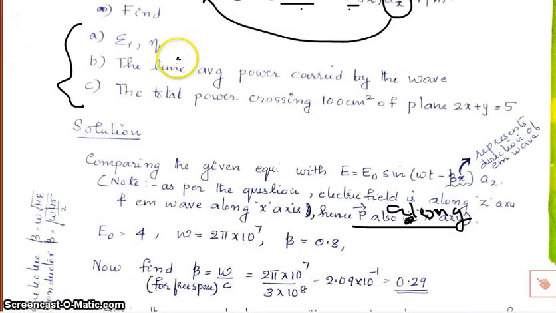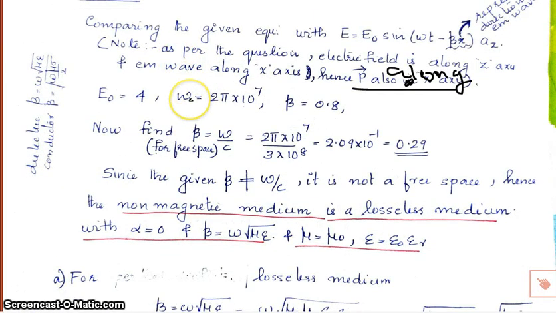So for that, we have the propagation constant equation for the three mediums. For free space we have beta equals omega by c. For dielectric we have beta equals omega into square root of mu epsilon, and for conductor we have beta equals square root of mu omega sigma by 2. So first we have to find out the propagation constant.